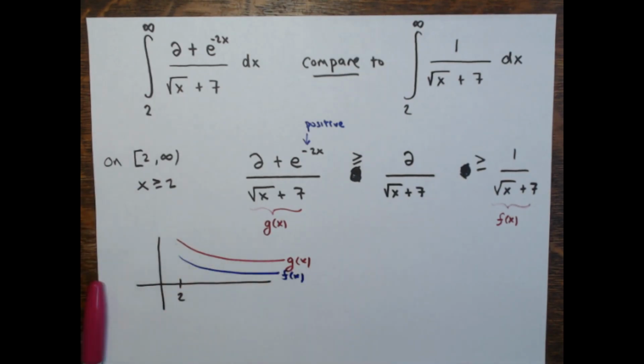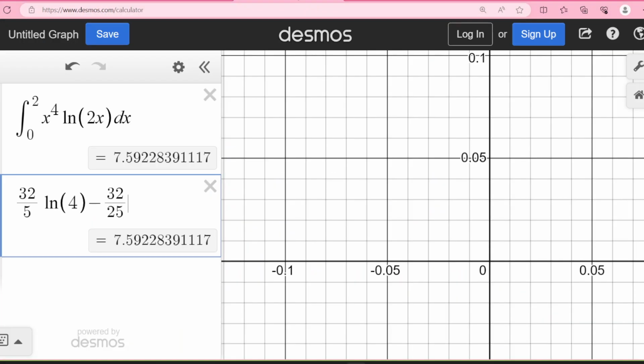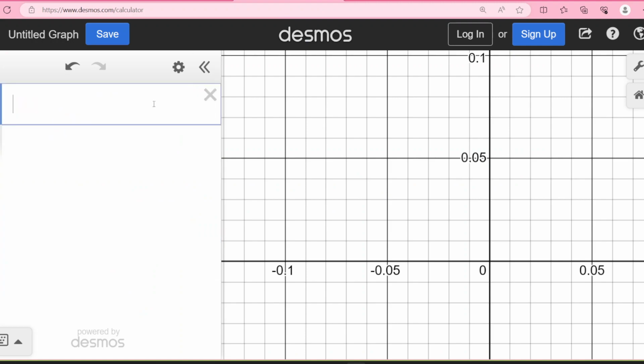Getting smaller and smaller. In fact, why don't we take a look at these in Desmos just to get a better idea as to how this is larger than this for values greater than or equal to 2. All right, so I was calling that one g, the one we were originally given.